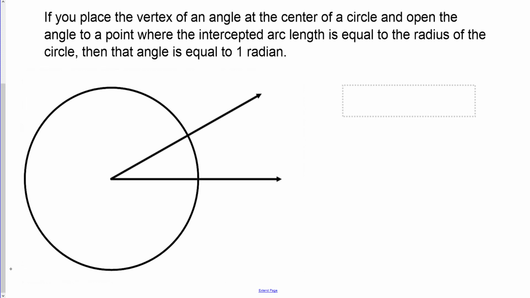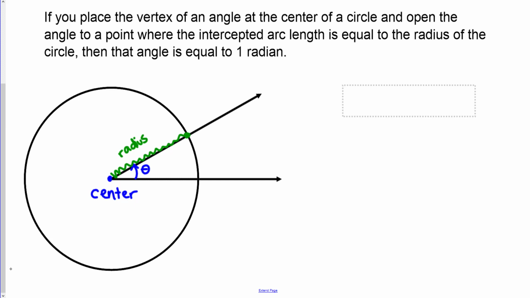So I have a circle and an angle measure oriented right at the center of that circle. So here's the center of my circle. This angle measure I will call theta. The radius can be described as this distance here. So it's the distance from the center of the circle to some point out here on the circle.